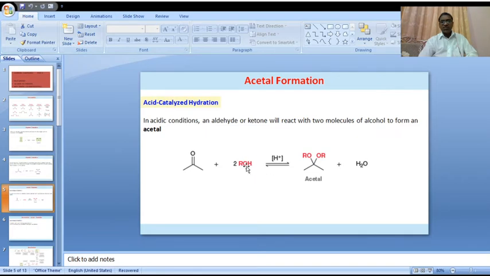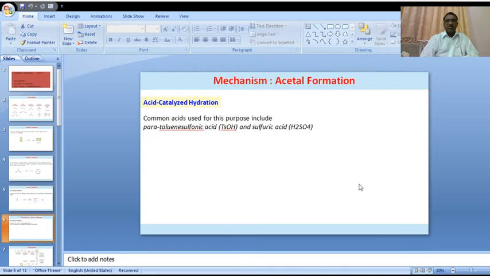The 2 OR function groups attack on this particular carbonyl carbon to give the acetal compound, and the byproduct is a water molecule. Is it clear? Now we'll go to the actual mechanism part of this acetal formation reaction.